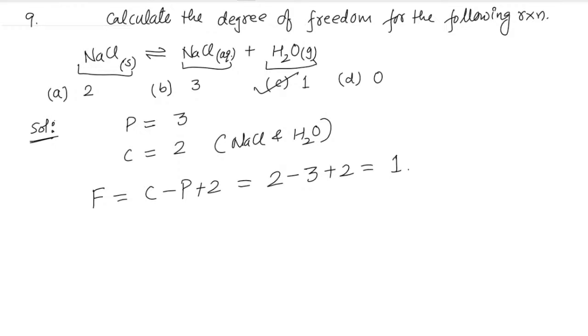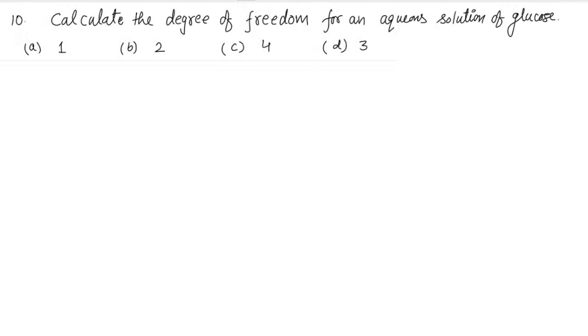Let's go to the next question because we have 22 questions and we are running short of time. If you have any doubt, please stop me. 10th question. Calculate the degree of freedom for an aqueous solution of glucose. For an aqueous solution of glucose, phase is 1, components 2.